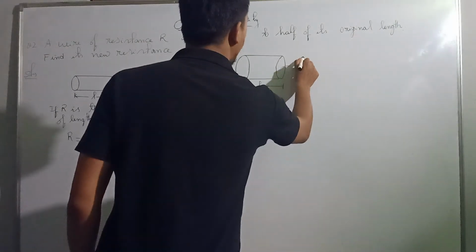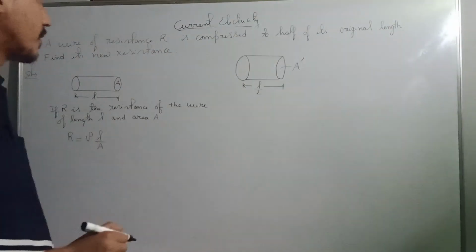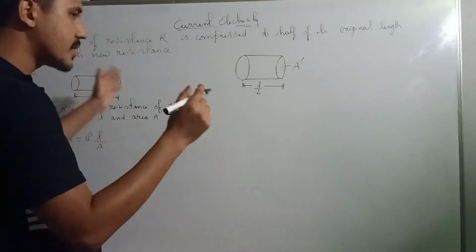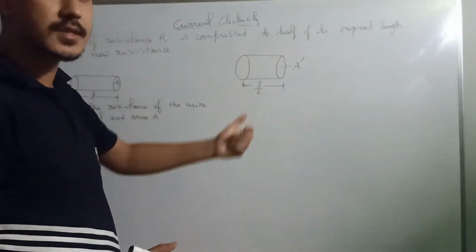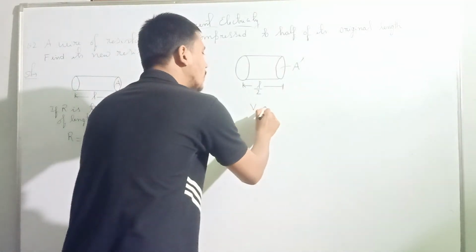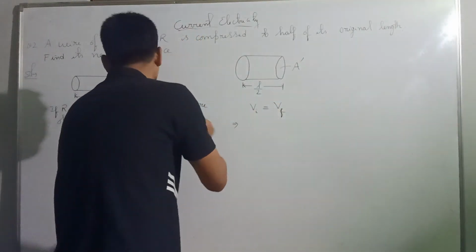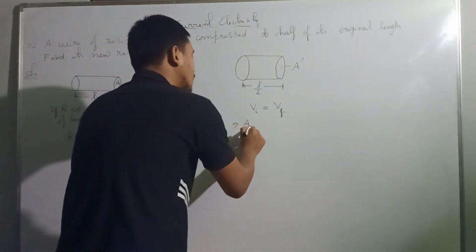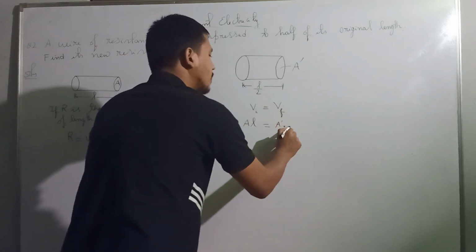So let A dash be the new cross-sectional area of the wire. Now the same wire has been compressed, so there is no increase or decrease in the volume. That means the original volume of the wire is equal to the final volume of the wire. Volume means area of cross-section into length, and also area of cross-section into length.